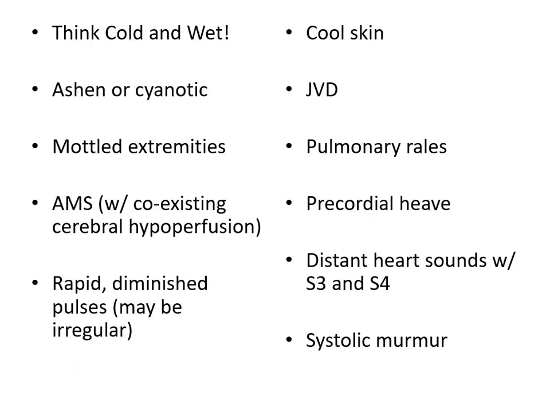For the presentation of cardiogenic shock, think cold and wet. The patient is ashen or cyanotic, with mottled extremities, altered mental status, rapid diminished pulses that may be irregular, cool skin, jugular venous distension, pulmonary rales or crackles, precordial heave, distant heart sounds with an S3 or S4, and a systolic murmur.